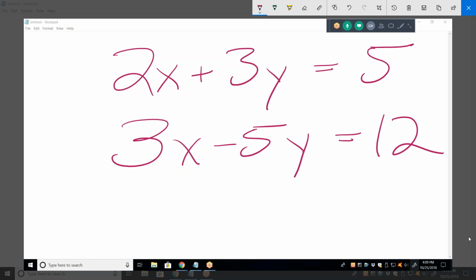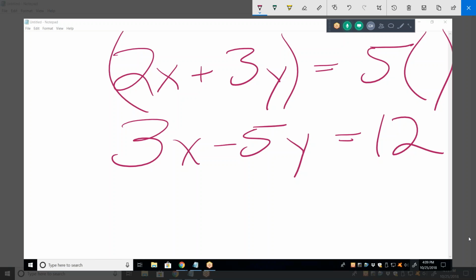This would be standard format. The x and the y are on the left side, the numbers on the right. Can we immediately solve this by elimination? No, we cannot eliminate a variable.